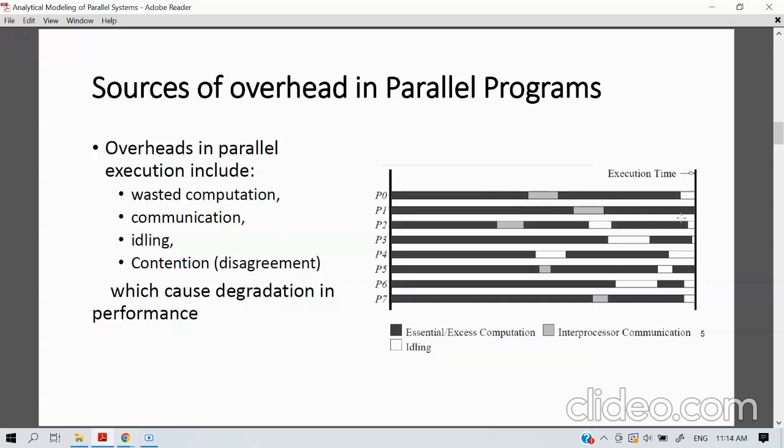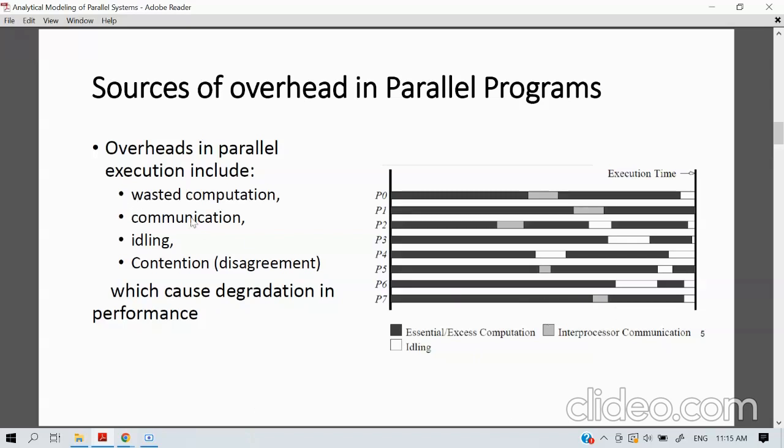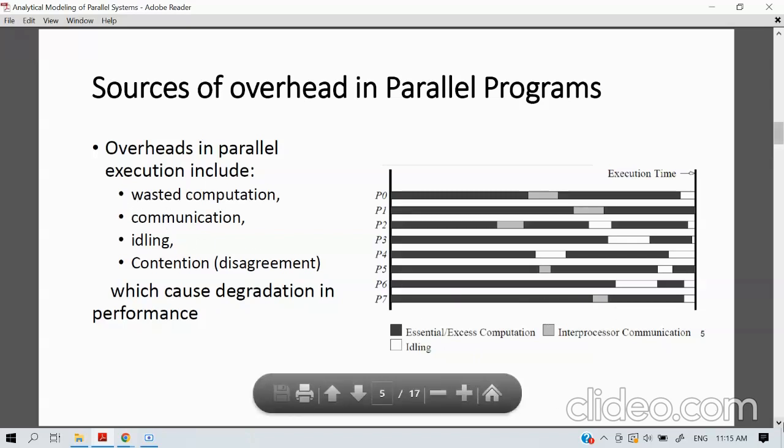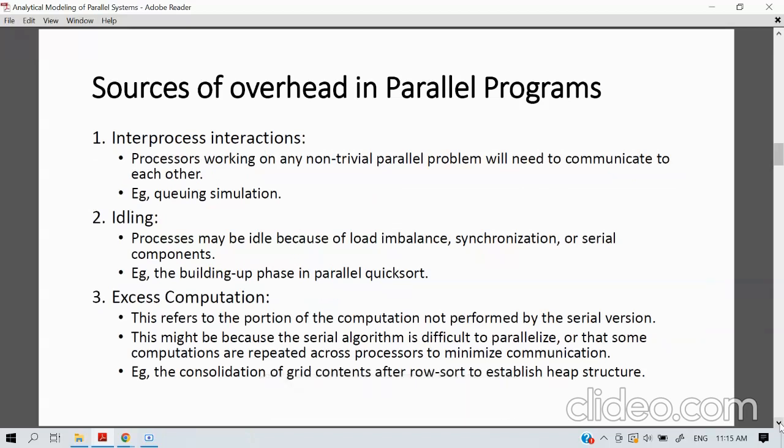Sometimes it idles because it needs to wait for the output from the other processor to be given. And sometimes the algorithm that one programmer writes is not the same as another programmer's. One programmer writes long code, the other writes short code. So it depends on the situation or the factors. Okay, so these are the explanations.